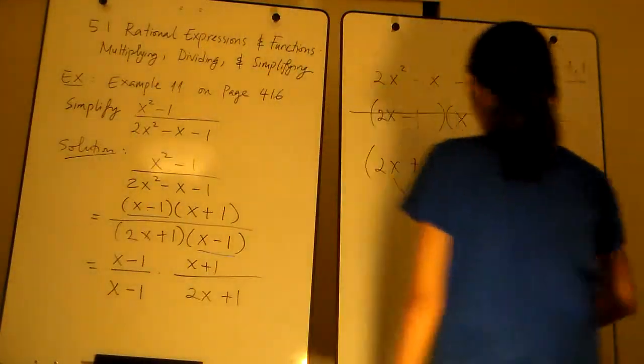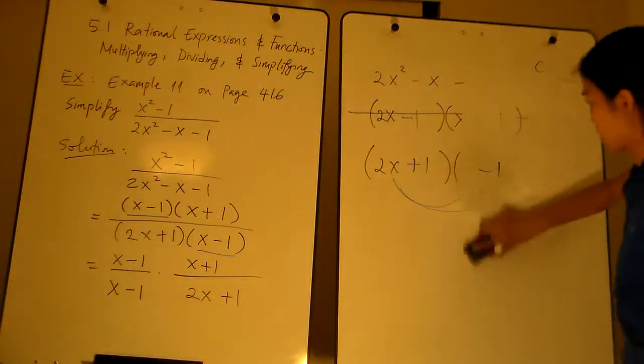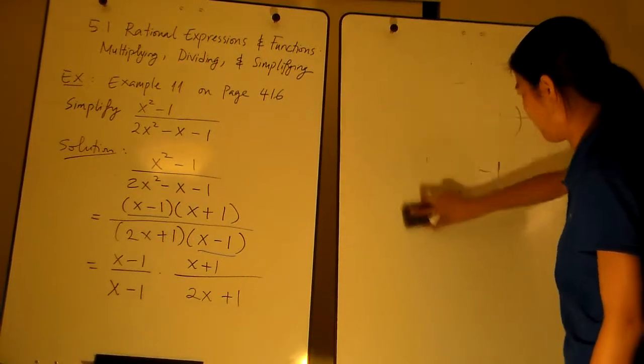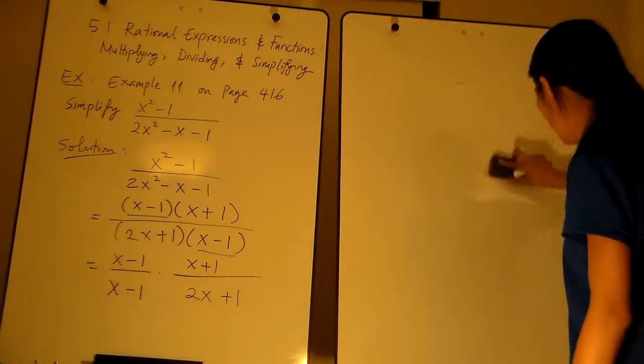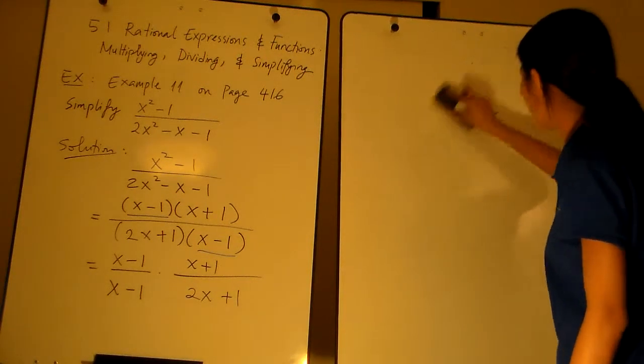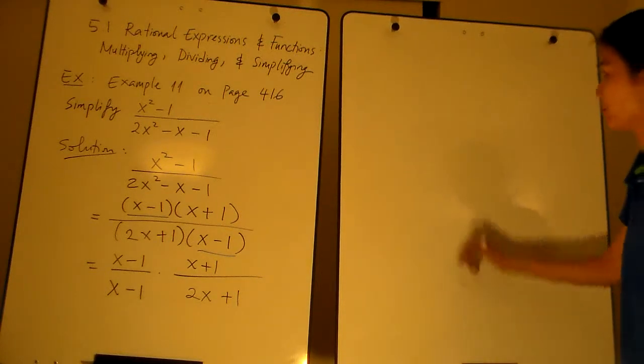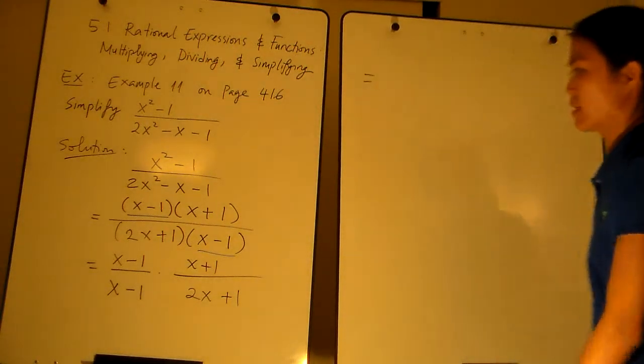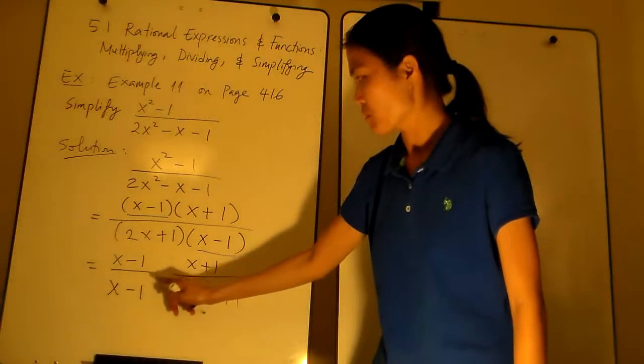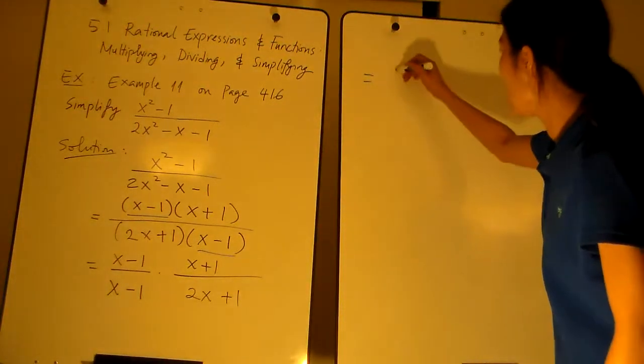Okay? Let me make space. Alright. Now, x minus 1 divided by x minus 1 is 1.